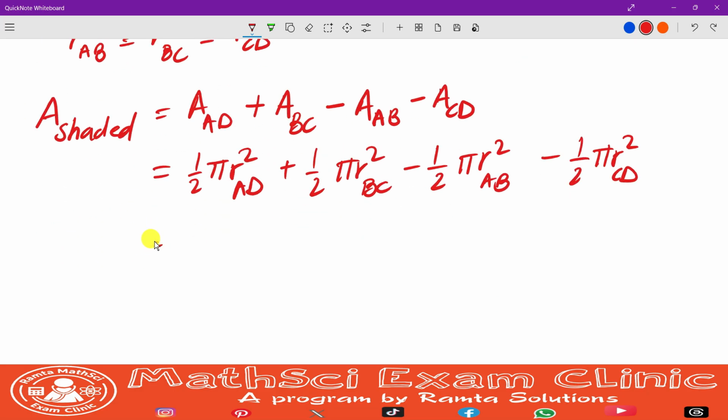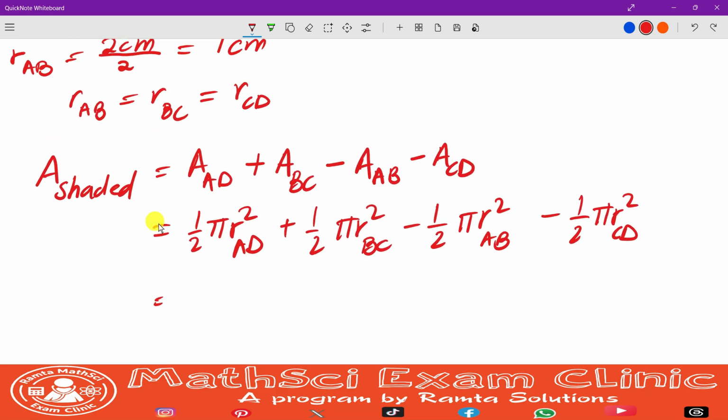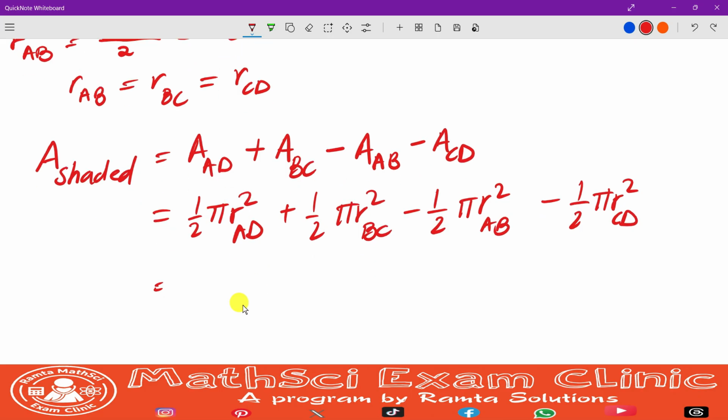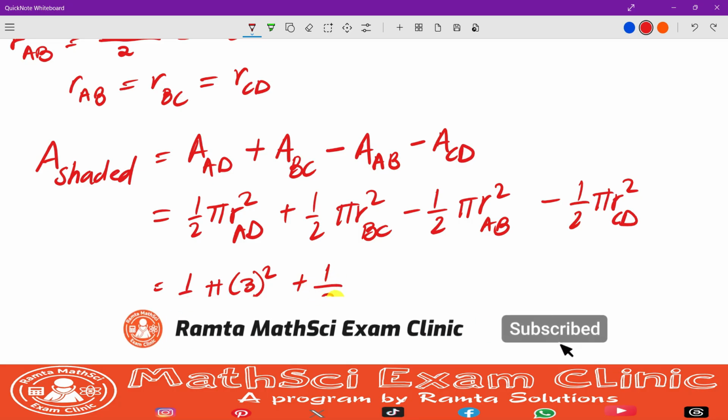So what we know is that the radius of AD was 3 centimeters. So we'll say half pi 3 squared. And then BC, AB, and CD all have radii of 1 centimeter.